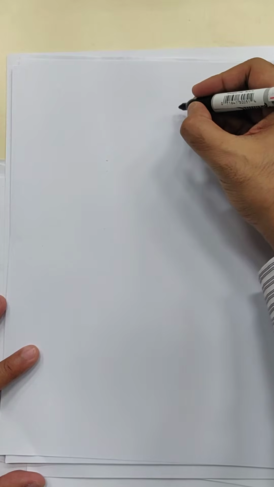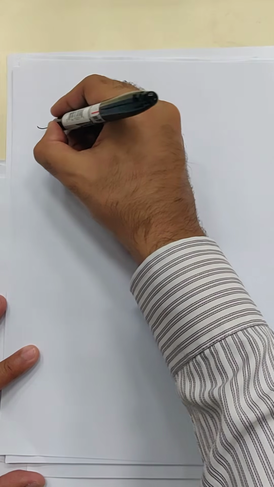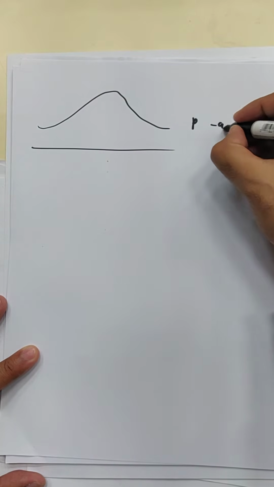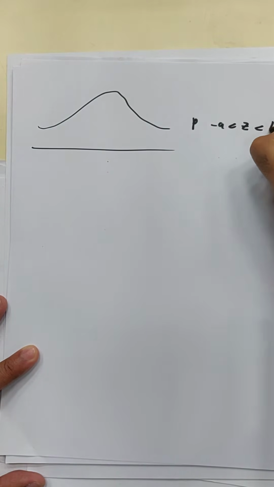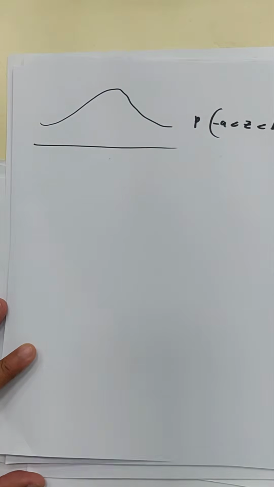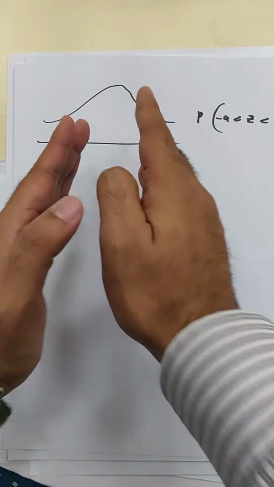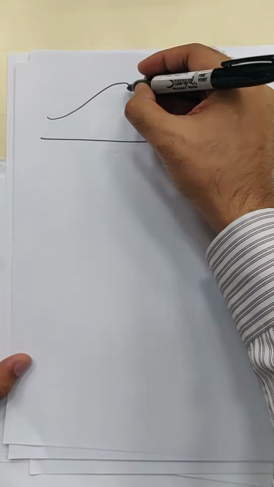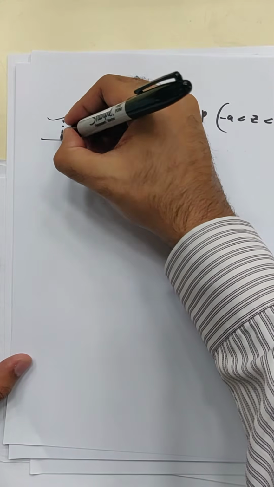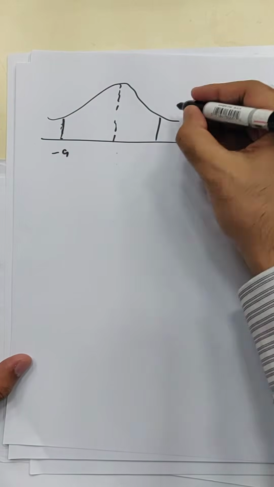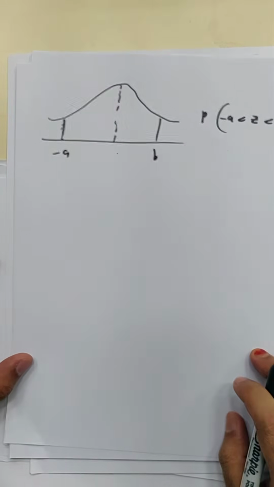Okay, now what about this? For P(negative A less than Z less than positive B). That's a bit tough. Where is it on the graph first? Well, negative is left side. Positive is right side.